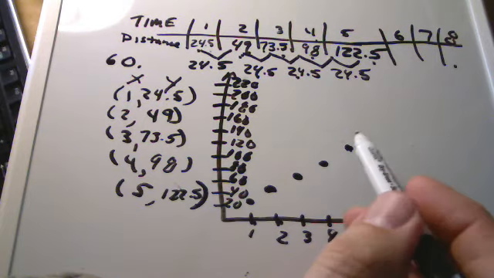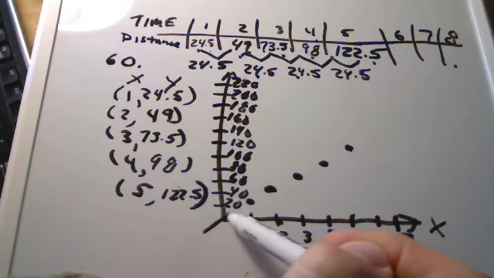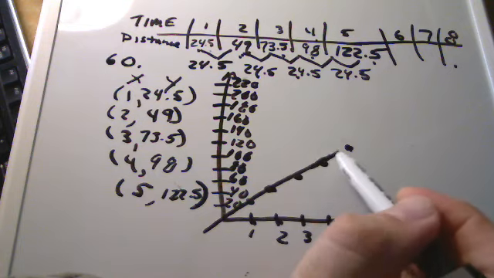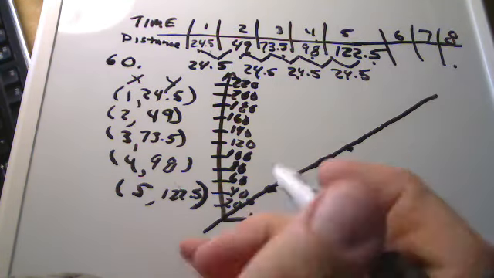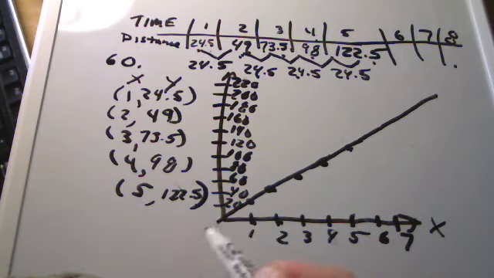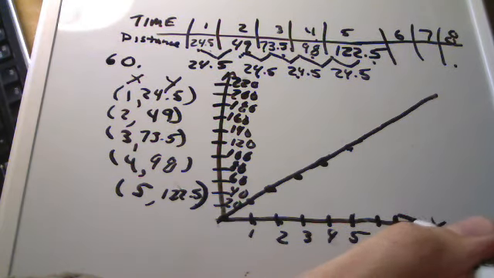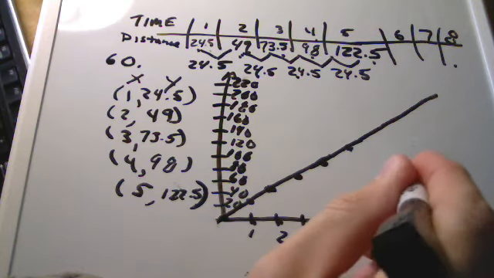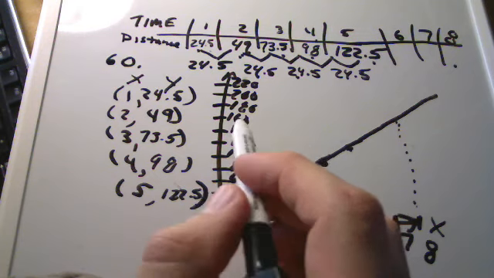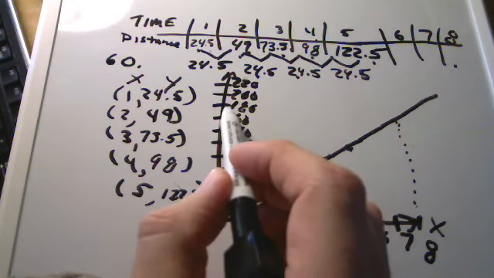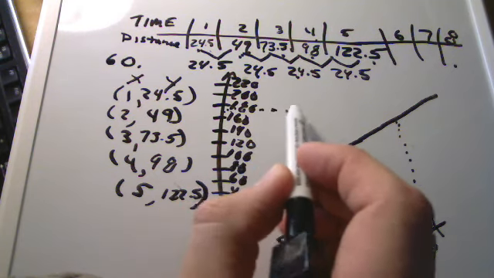So if I were to draw a line through that, I can keep going, but I can't go beyond that. This is where 8 is. So if I go straight up from there and straight over, I can kind of estimate how much this is going to be.